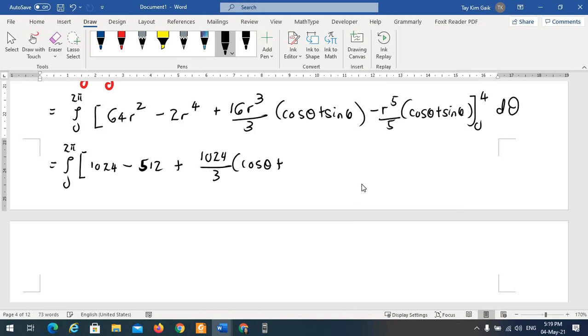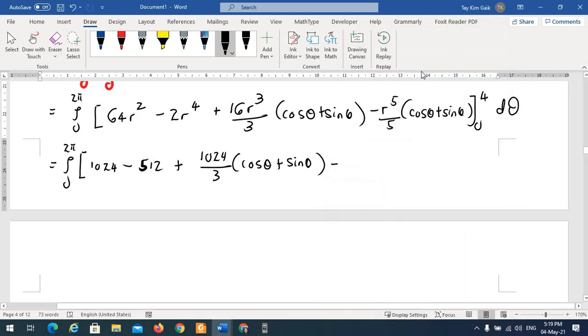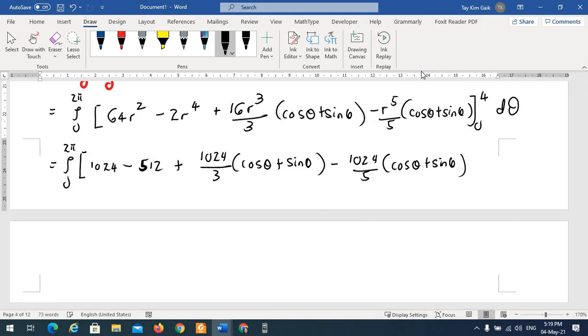cos theta plus sin theta, and then this is 4 to the power 5, 4 to the power 5 divided by 5, 1024 over 5. 1024 over 5 cos theta plus sin theta.